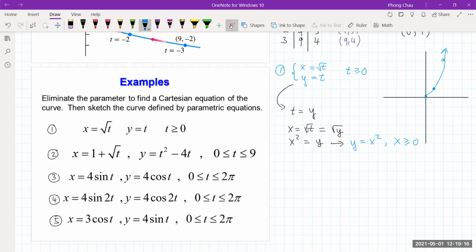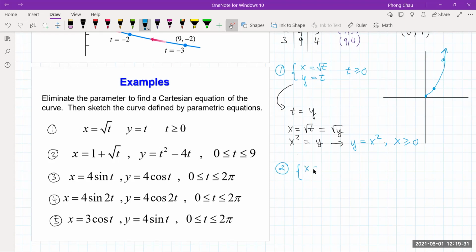Now, let's look at example 2. We have x equals 1 plus root t, and then y equals t squared minus 4t.